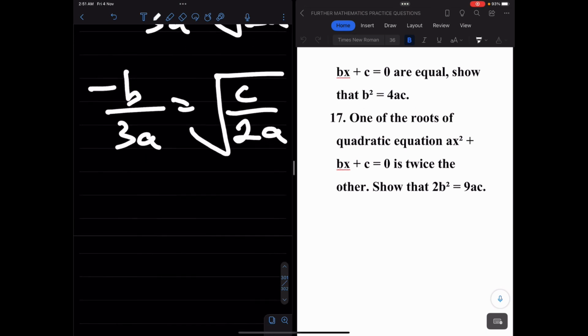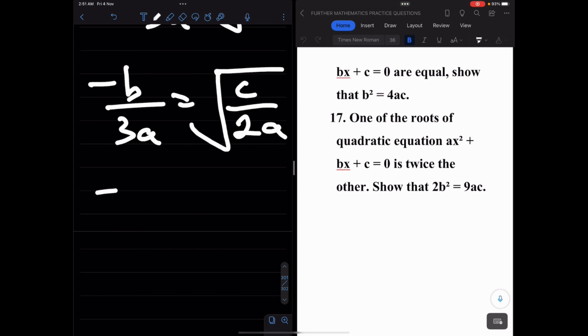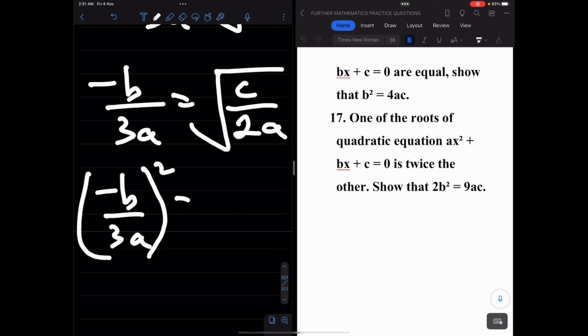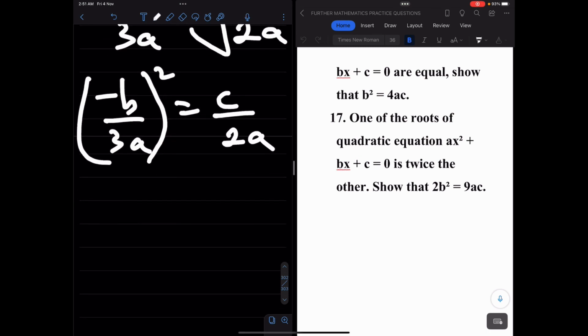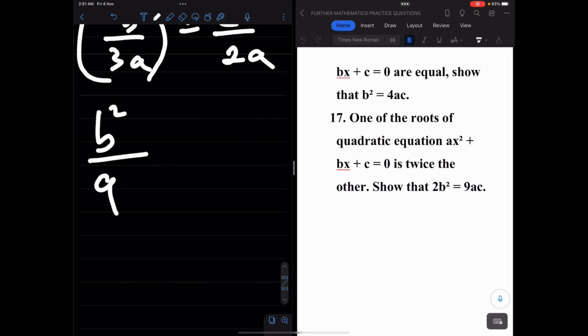Now squaring both sides, the left hand side will become the square of minus b over 3a, which is equal to, if you square the right hand side, c over 2a. And now the left hand side will become b squared over 9a squared.